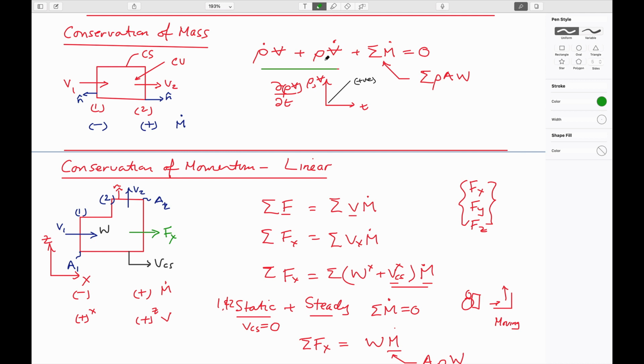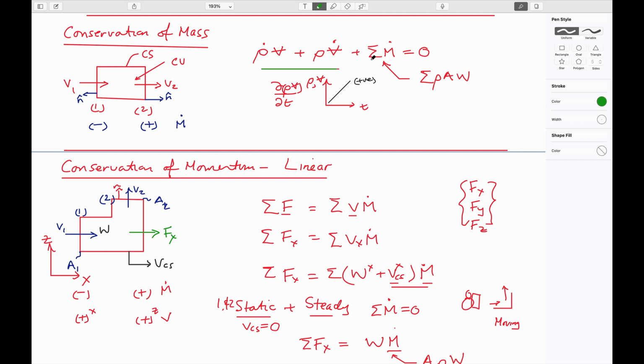And so the sign convention for these is important to note that increases in density or volume with time, such as this term and this term, are both positive in increasing.